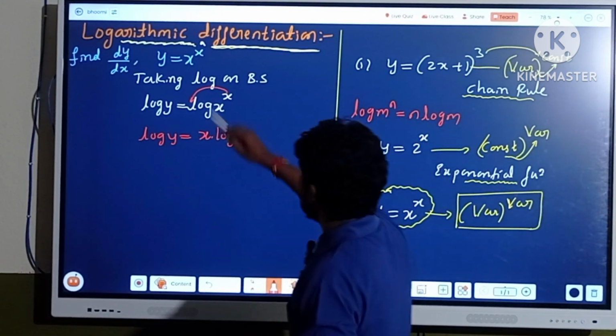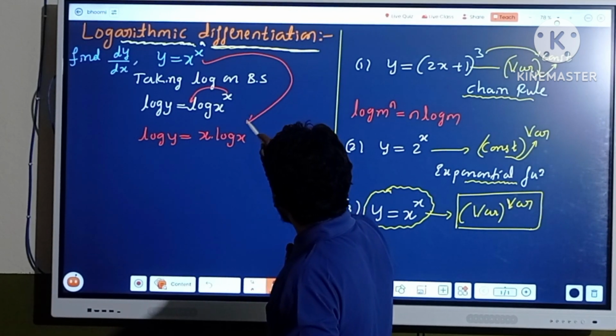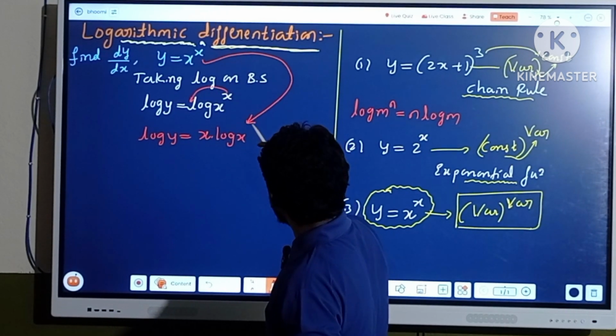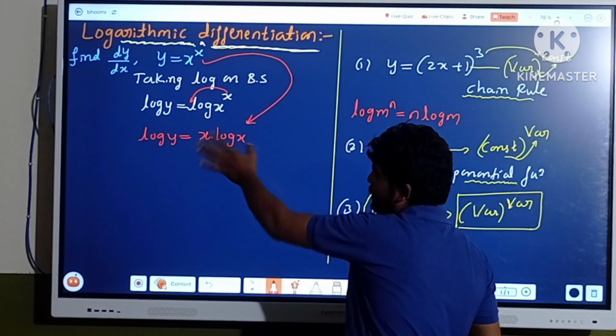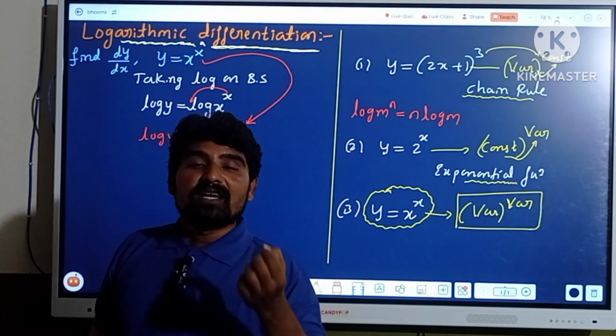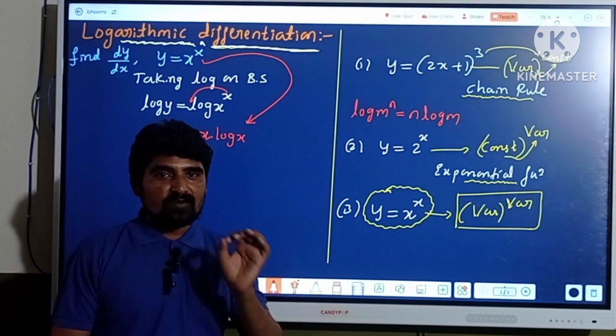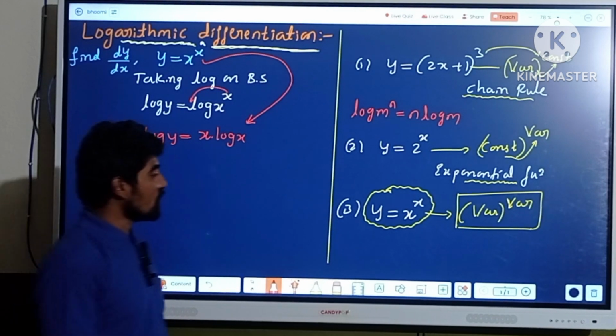Now observe here, we eliminated the variable power variable form and it has been converted into a product of two functions. In derivatives, we have a beautiful formula to differentiate the product of two functions, that is the product rule.